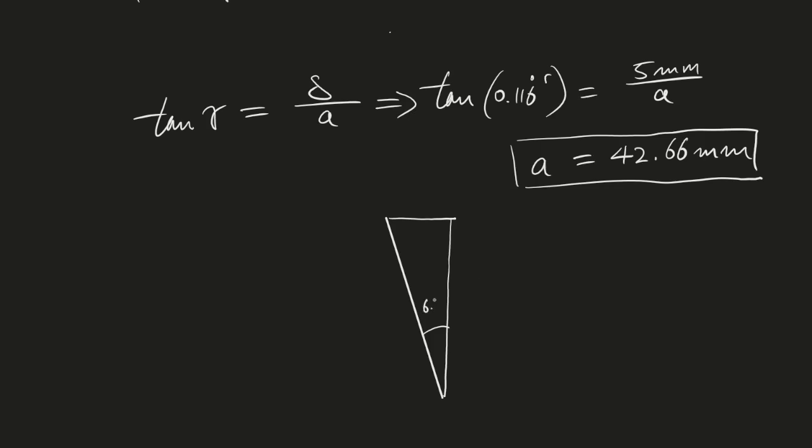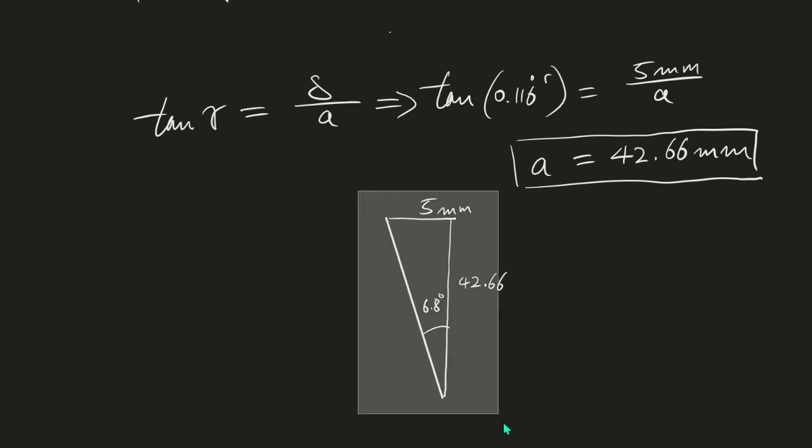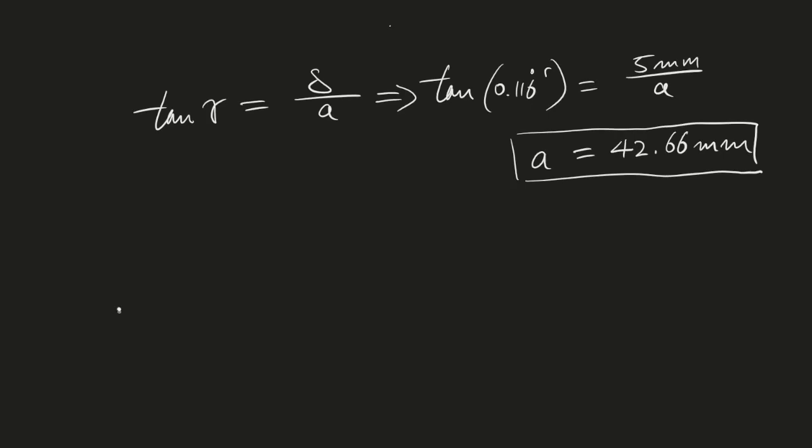That's approximately 6.8 degrees, and that's a very small angle. In order to have a 5 millimeter opposite, you do need a very large adjacent, which would make sense. So from that point of view, this is the correct answer.